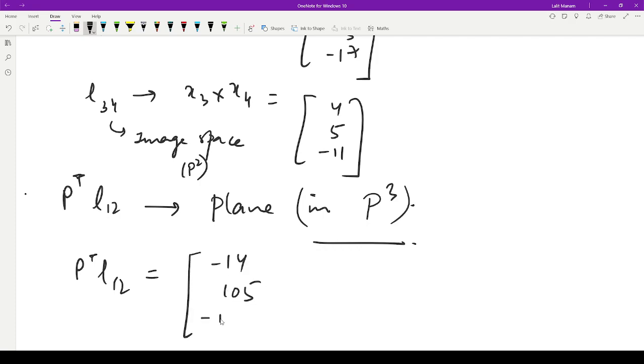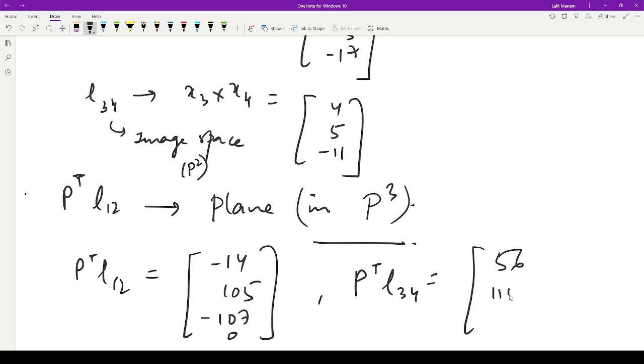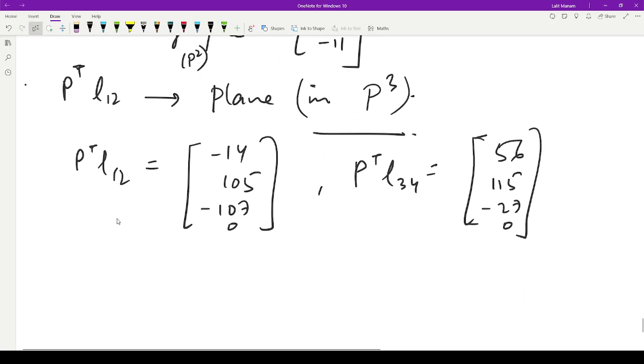There is nothing complicated. P transpose l34 will give us something like this. How do we compute angles between? Okay, so these are what? These are the plane parameters. This is pi 12, this is pi 34.